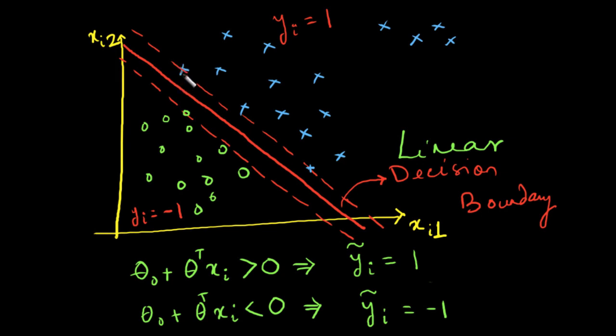Separation meaning the perpendicular distance between this decision boundary and the points which are nearest to the decision boundary on either side. This gap between the nearest point and the decision boundary is denoted by capital M, and our job is to find a decision boundary which maximizes this capital M.